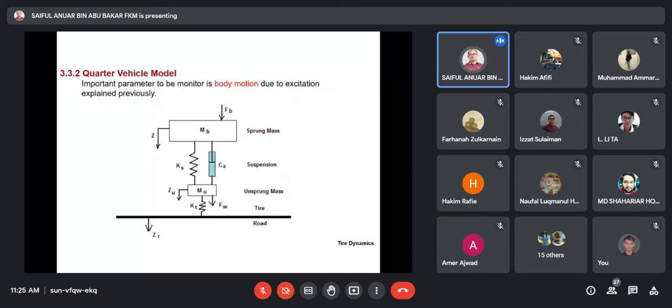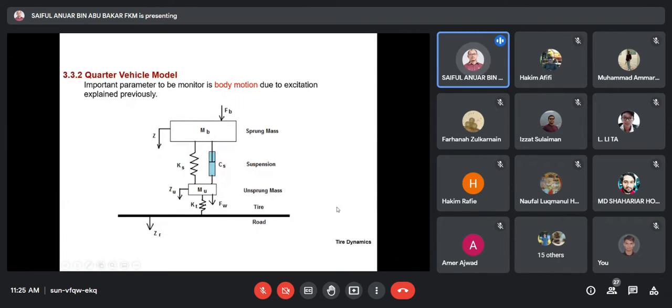I'm just going to explain this note first. This is an example of a quarter model, where we only model a quarter of the mass of the vehicle, which means we only consider one corner of the vehicle, where we take the sprung mass and the unsprung mass for that corner.